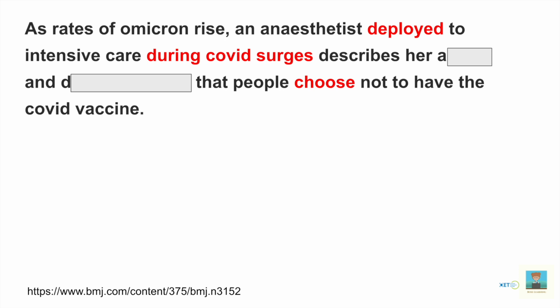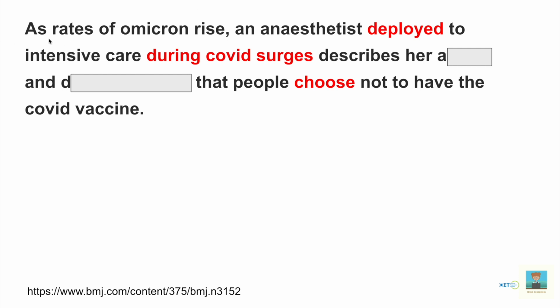This is the first paragraph from it. Now, what you'll notice here is that I've blocked out two adjectives which describe her emotions, and I'd like us to think about what they could be, try and guess, and then we'll come back to it at the end.